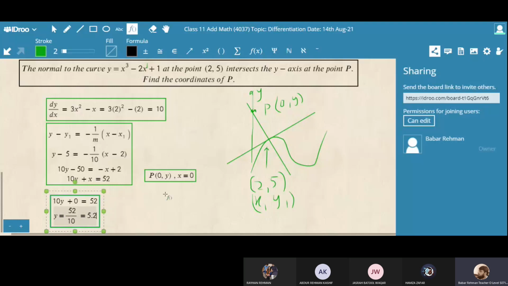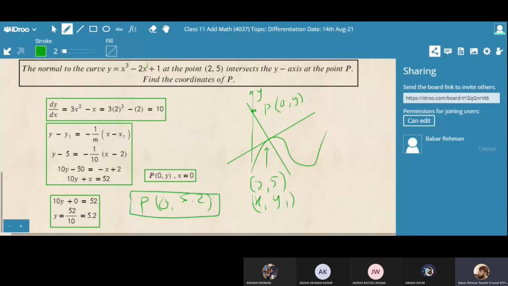So the coordinates of P are 0 comma 5.2. This is my final answer.